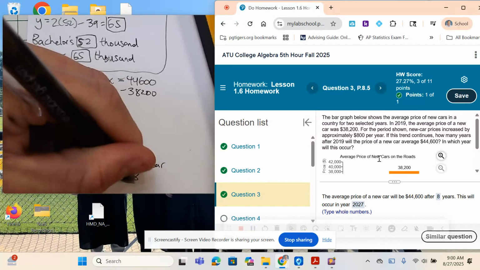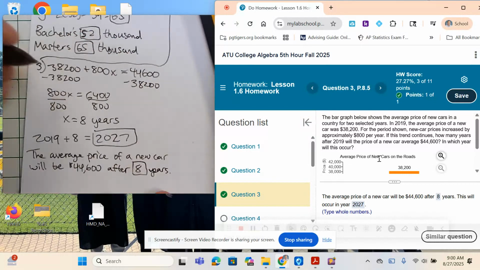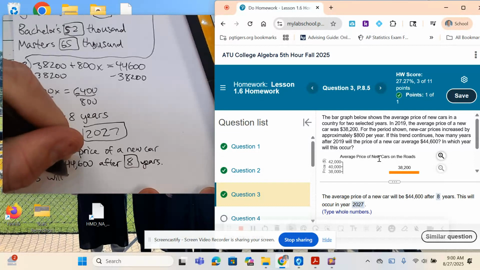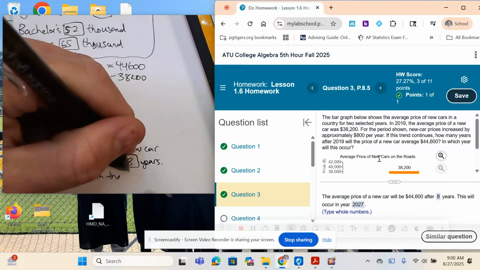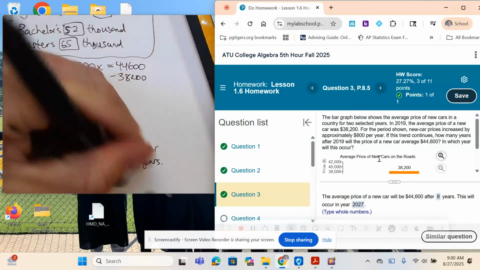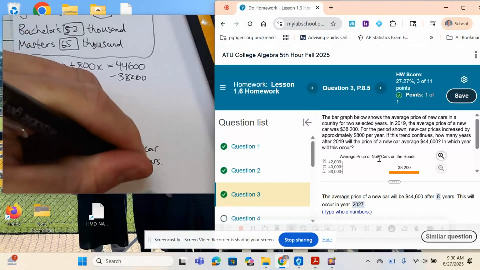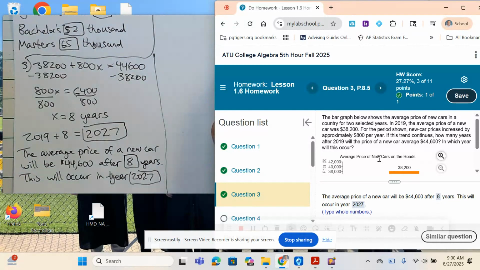After 8 years, this will occur in year 2027. Missing the article there. In year 2027. So just making that as easy as possible for anybody that wants to follow along.